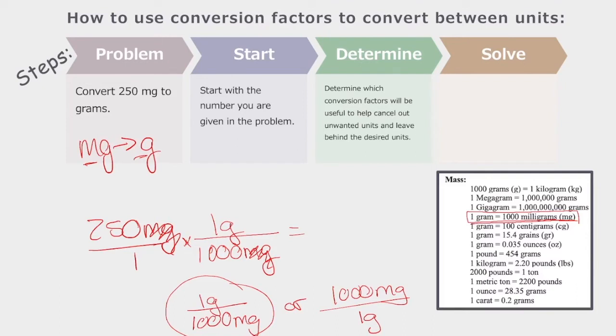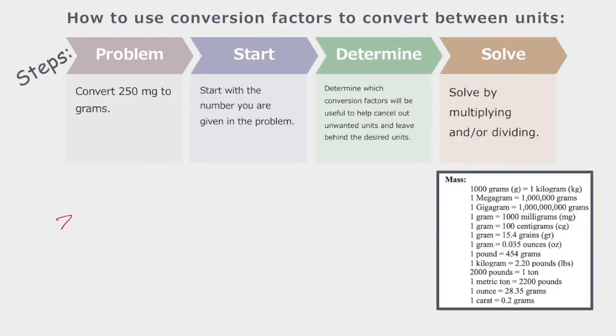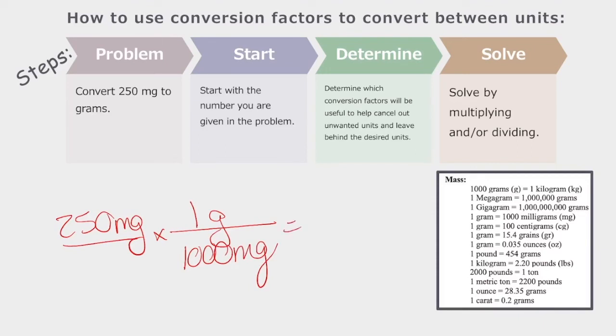So I'm going to take 250 and divide it by 1,000 because this is on the bottom. And if I divide that by 1,000, I end up with 0.25 grams. All right, so here is my problem again. There you go. There's the last step.